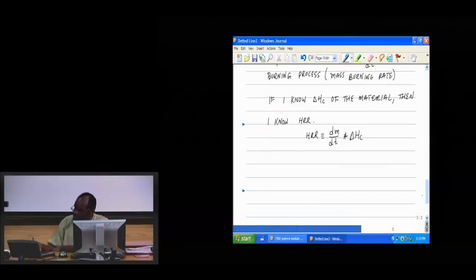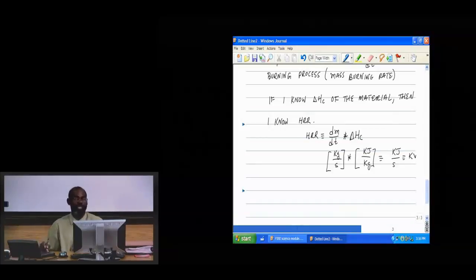Let's make sure the units make sense. We have kilograms per second times kilojoules per kilogram. So we have kilojoules per second, which is, again, kilowatts. Okay, that's great. But like I said, you don't know what that delta Hc is.